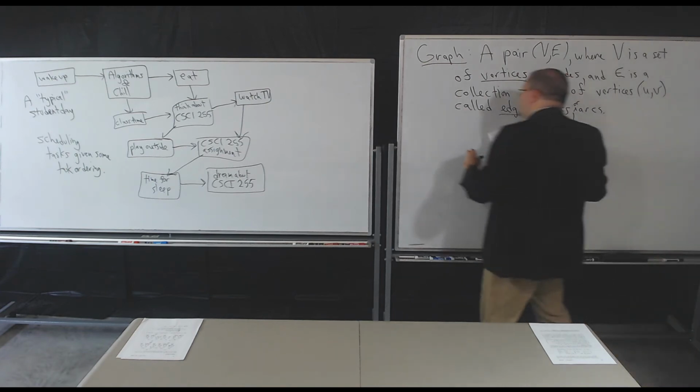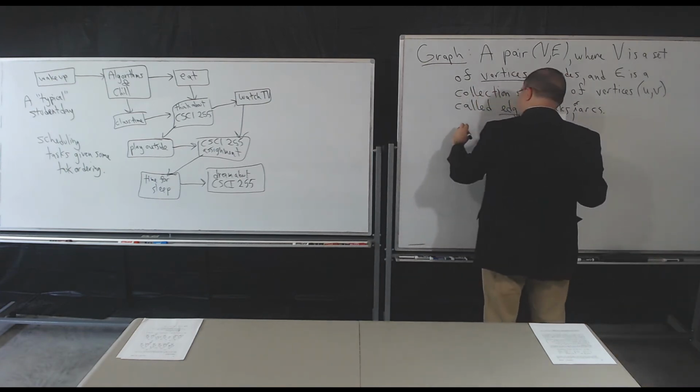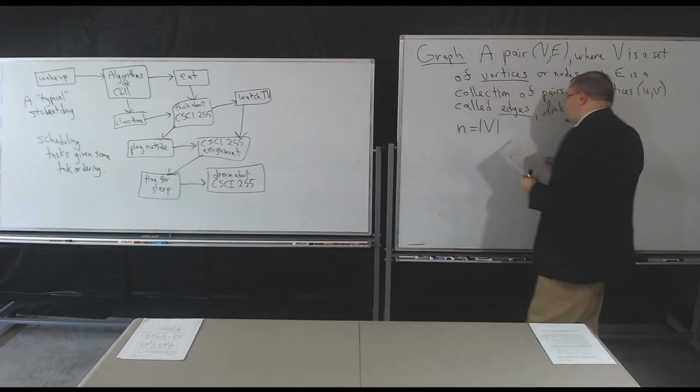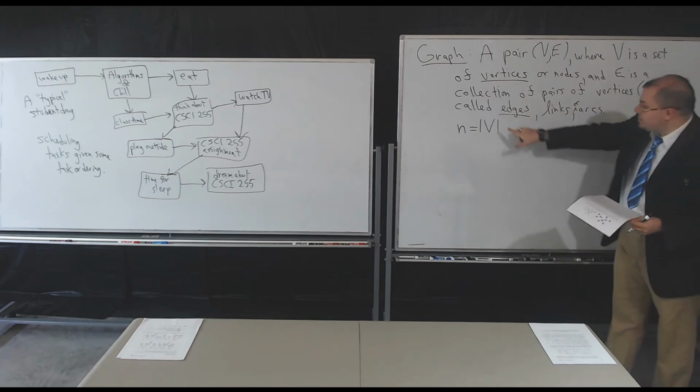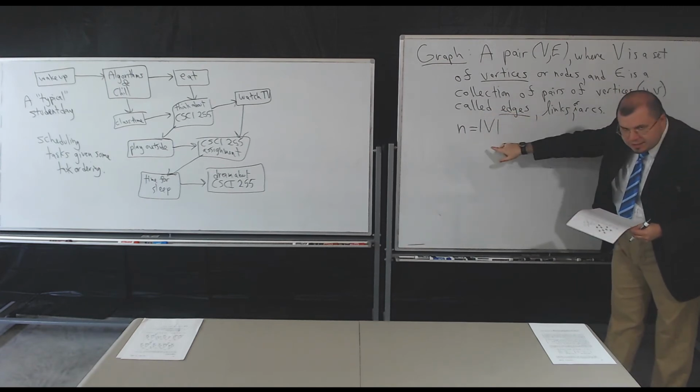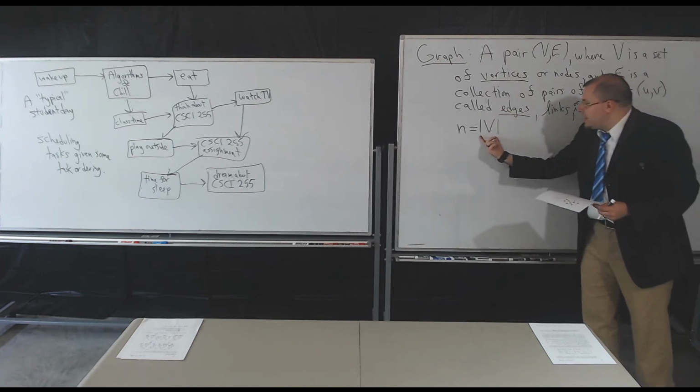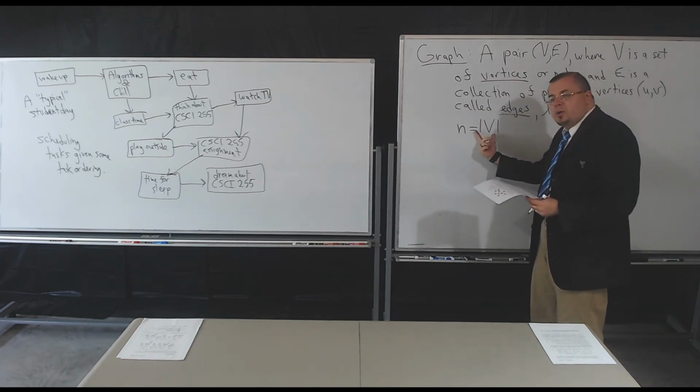So, I should note a couple of things. Usually I use N to denote the number of vertices. If you're not familiar with this notation, it's the cardinality sign. This notation tells me how many elements are in this set.